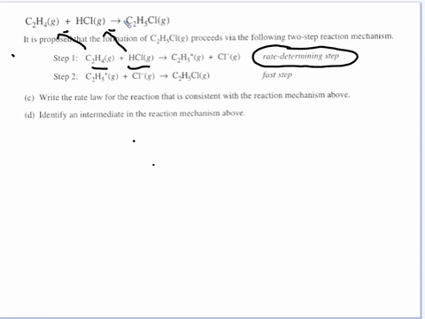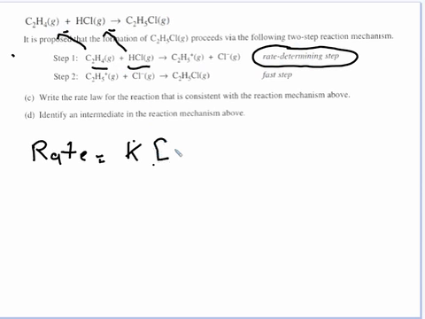So we're going to write the rate law. Rate equals k. Now, you go to your rate determining step, and the coefficients in the rate determining step will be the exponents in the rate law. But you can only get that from the rate determining step if it matches the overall equation.